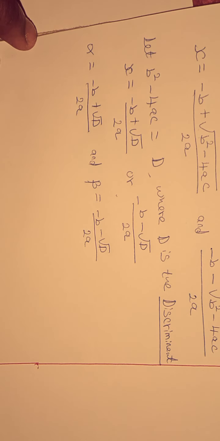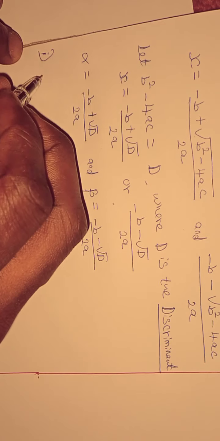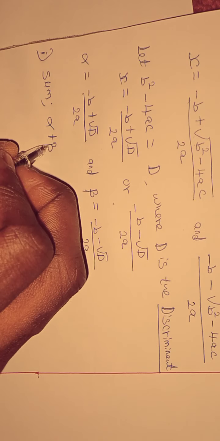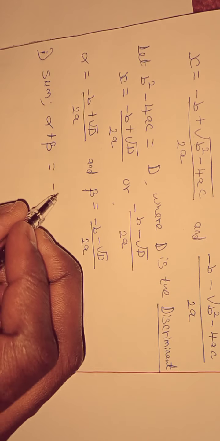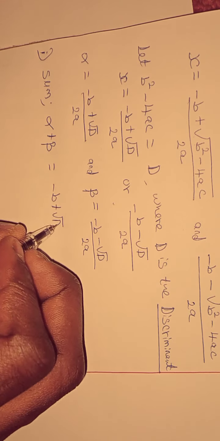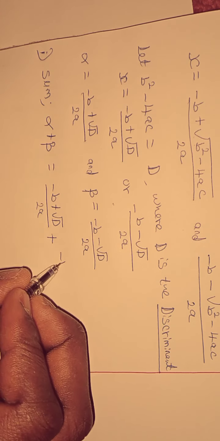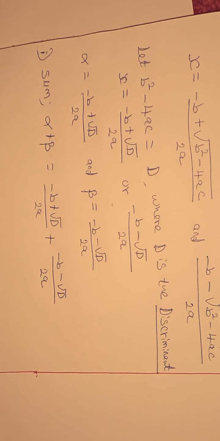Once you establish this, you now proceed to finding the sum. So let's call the sum I, which is alpha plus beta. It is basically just adding up these two expressions to give us minus b plus root d over 2a plus minus b minus root d over 2a.